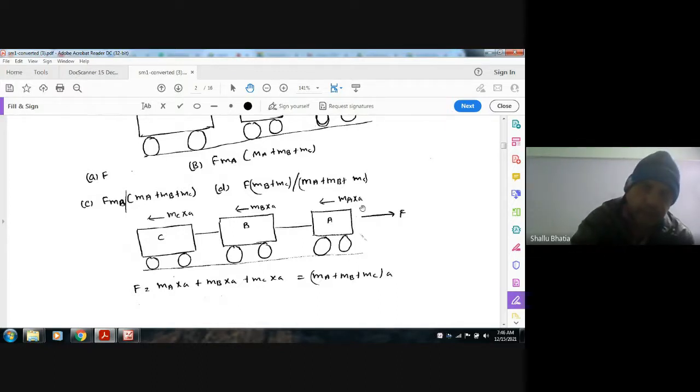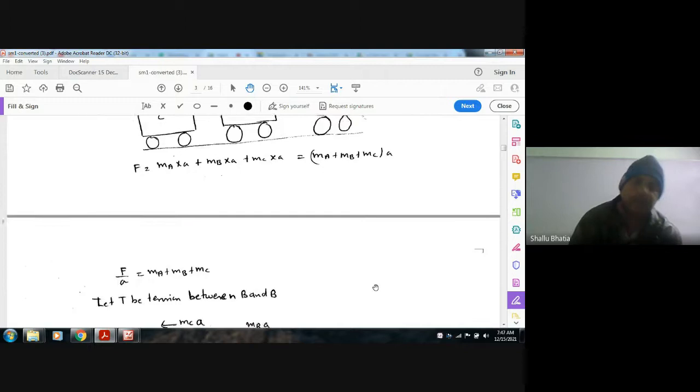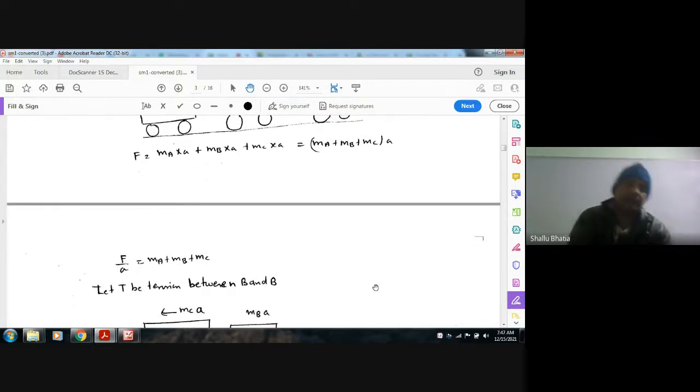This F will balance the inertial forces of all these coaches. So F will be equal to MA into a plus MB into a plus MC into a. So F is equal to MA plus MB plus MC times a, so F by a is equal to MA plus MB plus MC.